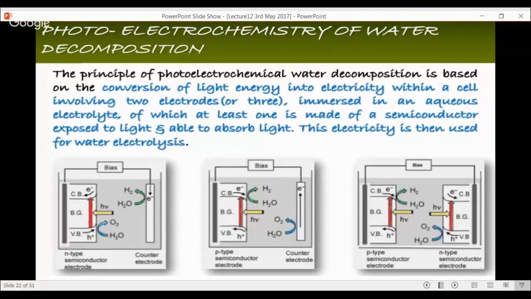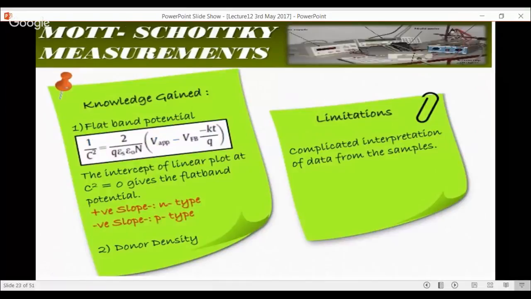Now, the picture that is shown here and the explanation are already given, so we will not spend much time. The only other thing we have to tell is whether we are going to use a two electrode system or a three electrode system. So what we have understood now is the type of semiconductors that we are using, the donor density that is required, and the flat band potential.